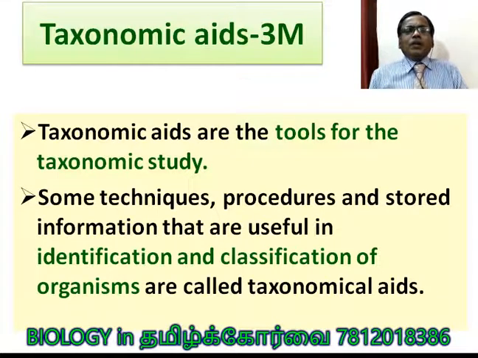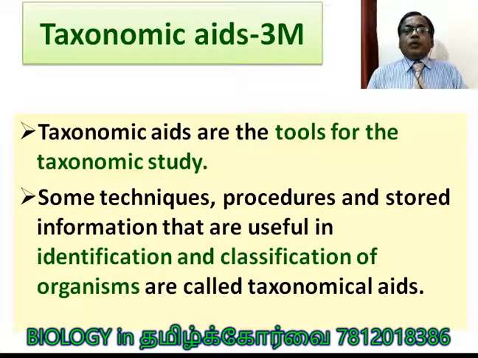So what is the ultimate aim of taxonomic aids? It allows the person who is going to do research or study a particular plant to be able to identify and classify it with the help of some techniques and procedures.